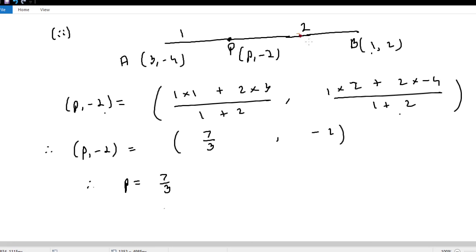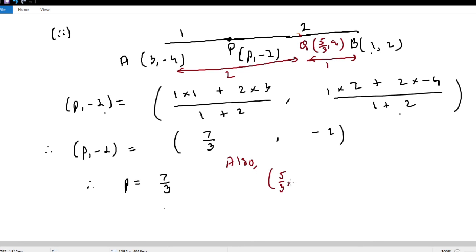For the second part, let Q be here, which divides AB in the ratio of 2:1. Let us apply the section formula here. Q's value is given to us as (5/3, q). So we can write (5/3, q) is equal to (2 times 1 plus 1 times 3) upon (2 plus 1), which will be same as 5 by 3.